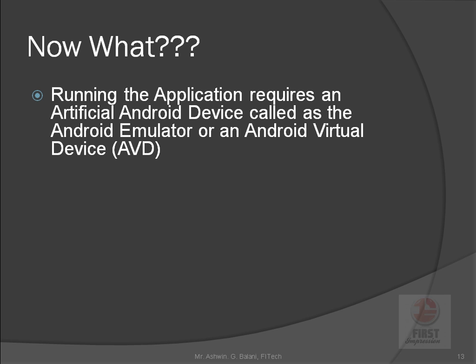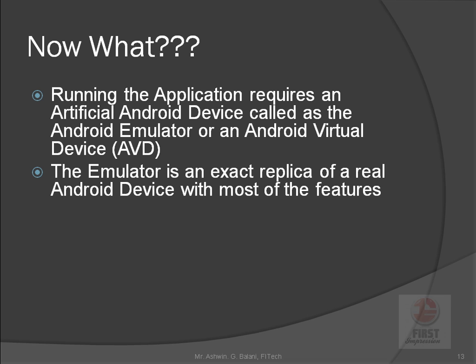Now, to run this application, we'll be requiring an Android virtual device or a device where we can actually run the application. So, running the application is done on an Android virtual device. The Android virtual device or the emulator is an exact replica of the real Android device with most of the features. Why most of the features? Because the Android virtual device will run on your PCs.